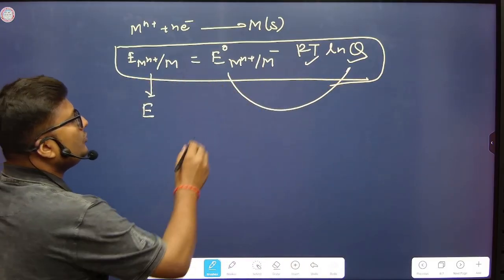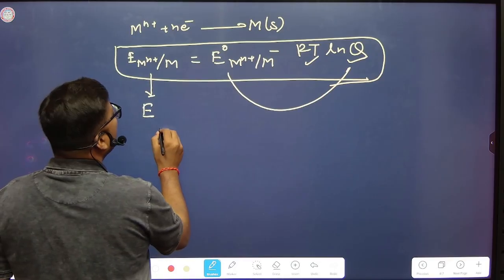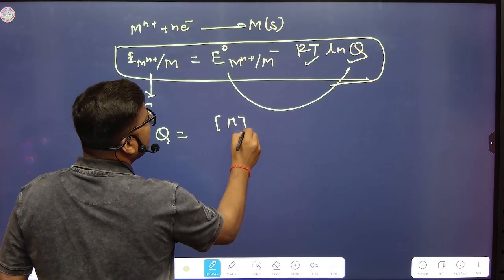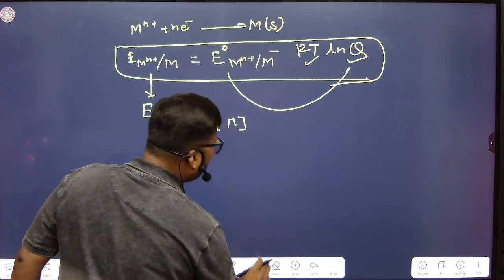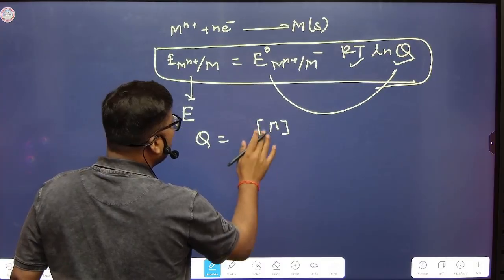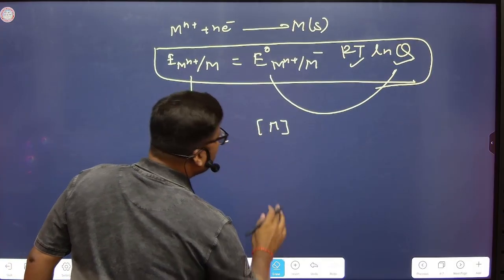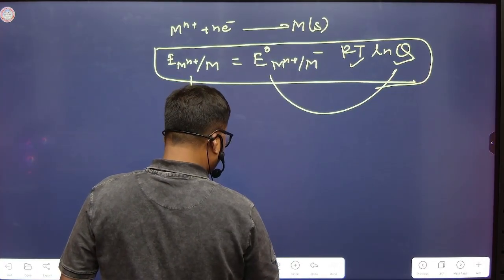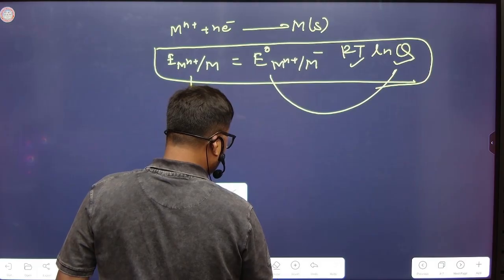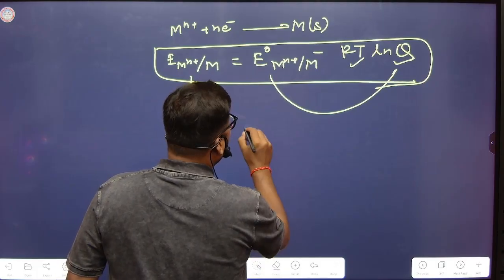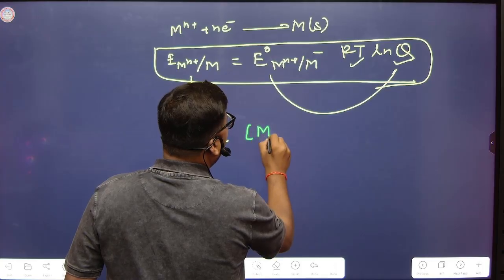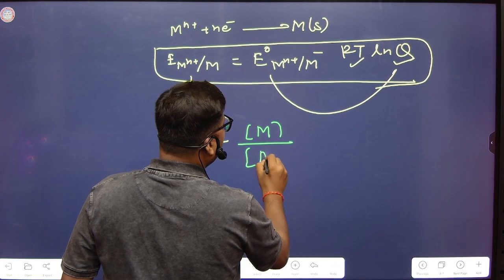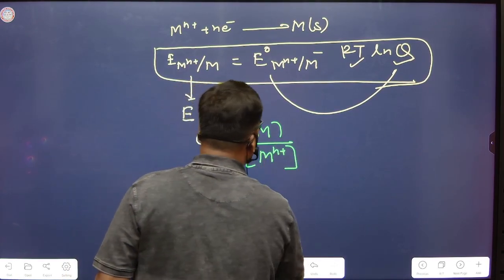So Q is equal to, what is Q? Q is equal to the concentration of M upon the concentration of Mn plus, right?